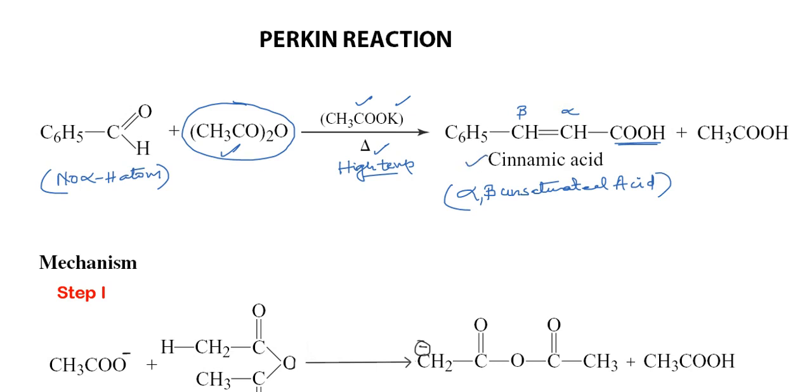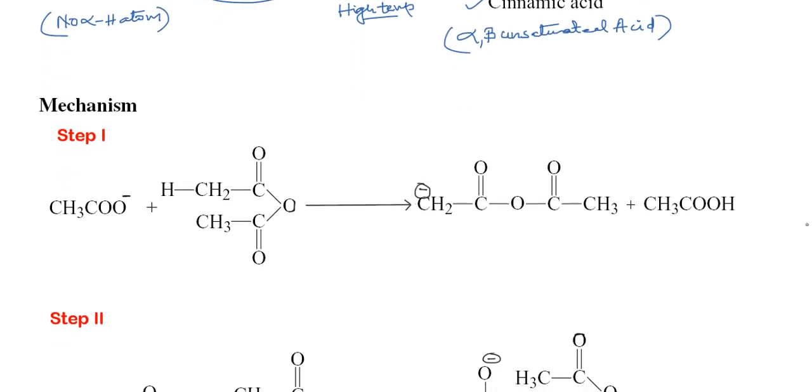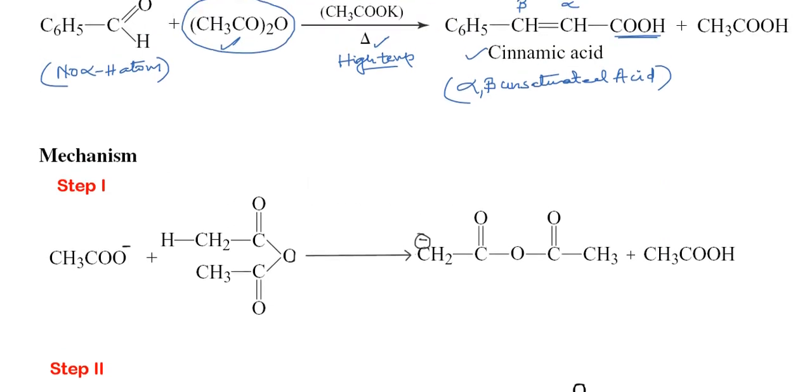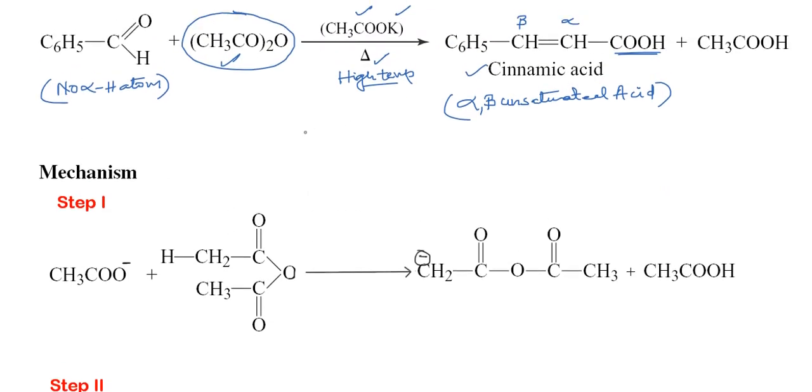Now let's see the mechanism of this reaction. Again, we are using a mild base. It will break up into CH3COO minus and K plus. This CH3COO minus acts as a base here.